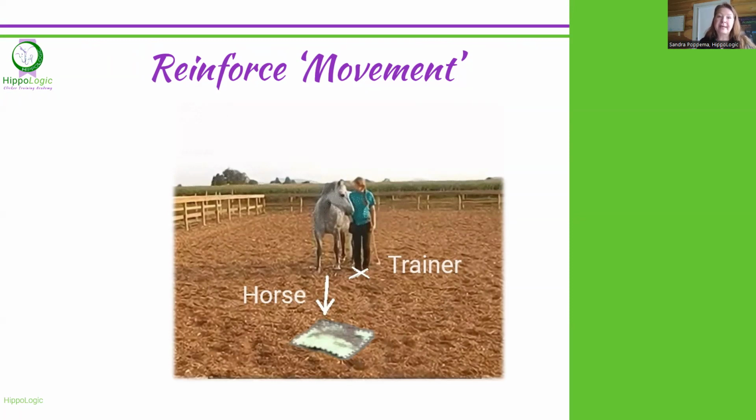So stop walking with your horse in this phase of training, or you might fall into the pitfall that you become the cue for moving forwards. So he will only move when you move because you are the cue. That will become your bottleneck later in training when you're ready to teach trot and canter. Start with one step away from the mat and slowly increase your distance.